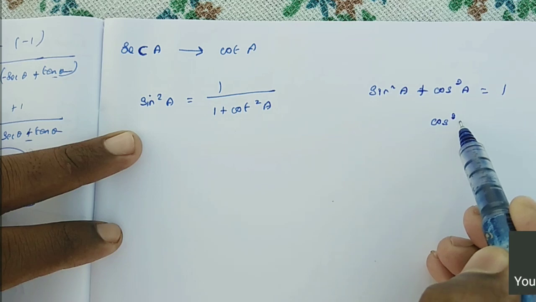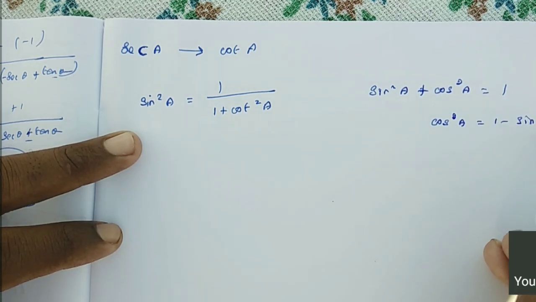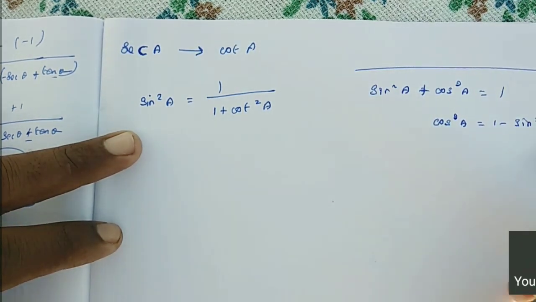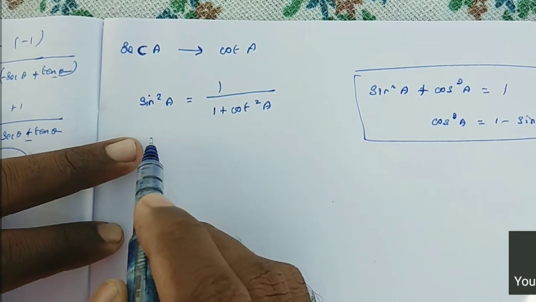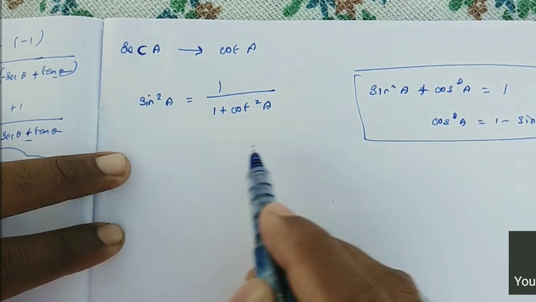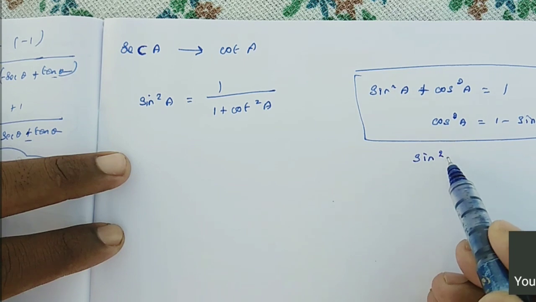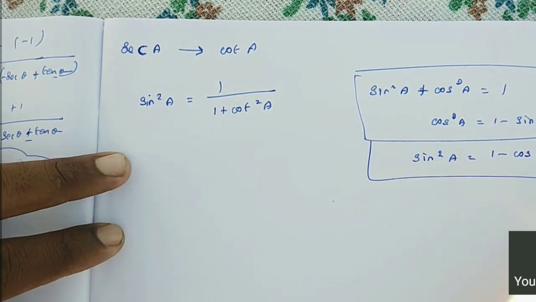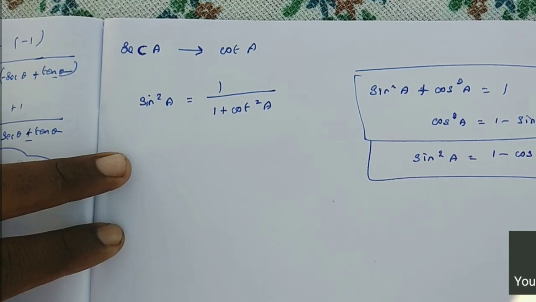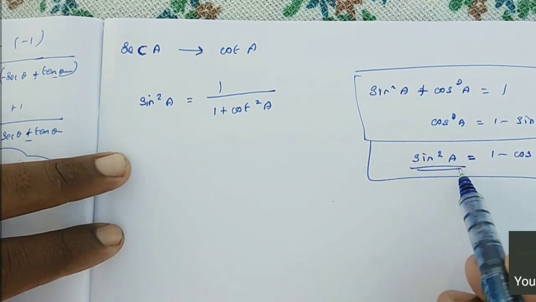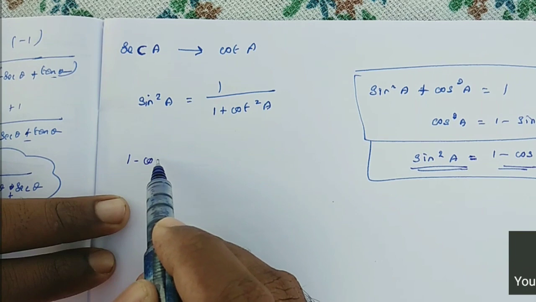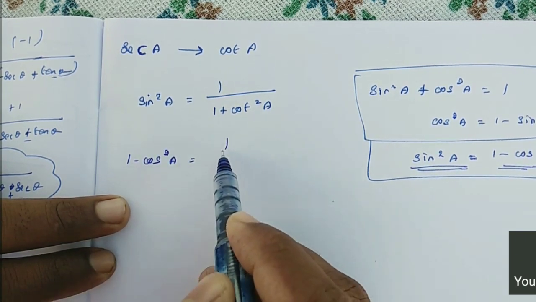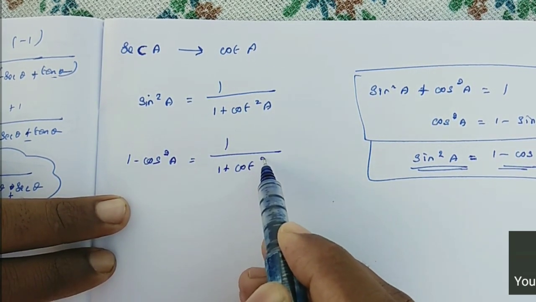Next, cos squared A is equal to 1 minus sin squared A, or not? In the same way, sin squared A equals 1 minus cos squared A, right? So instead of sin squared A, you can put 1 minus cos squared A, equal to 1 by 1 plus cot squared A.